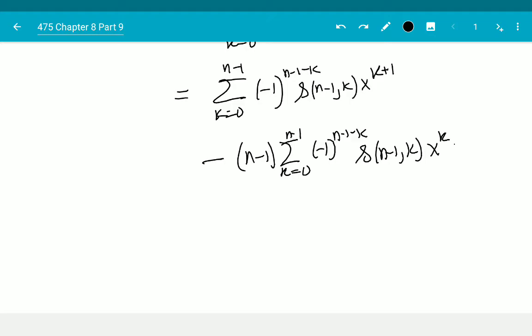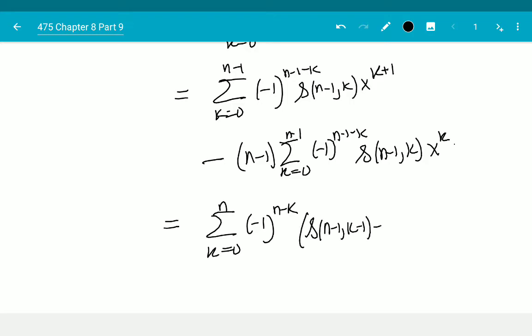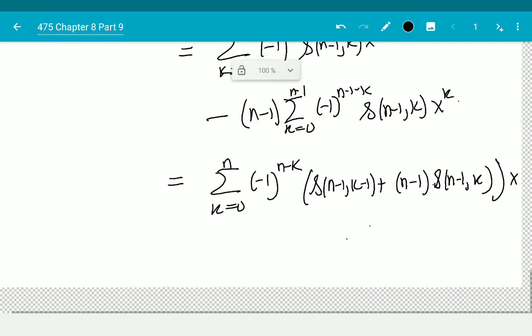Great. And now, combining like terms as we did before, this is equal to summation k is equal to 0 to n, negative 1 to the n minus k, s of n minus 1 comma k minus 1 plus n minus 1 s of n minus 1 comma k, x to the k, right?